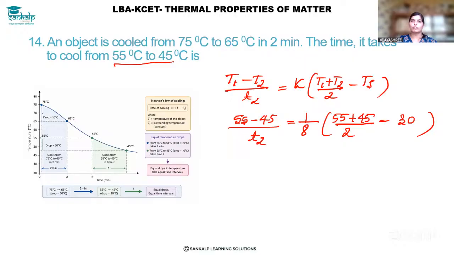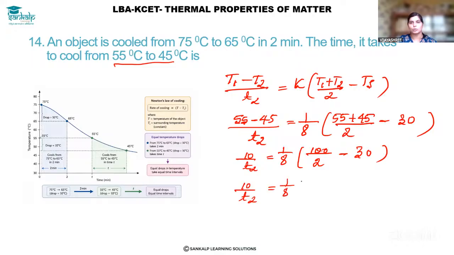So 55 minus 45 is 10 divided by t2, which is equal to 1 divided by 8 into (55 plus 45, that is 100, divided by 2) minus 30. So 10 divided by t2 is equal to 1 by 8 into (50 minus 30, which is 20).